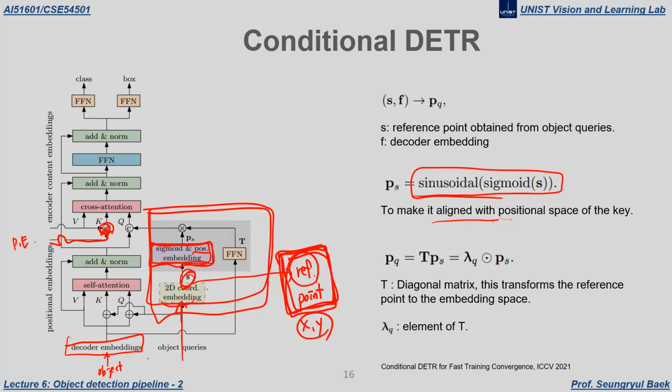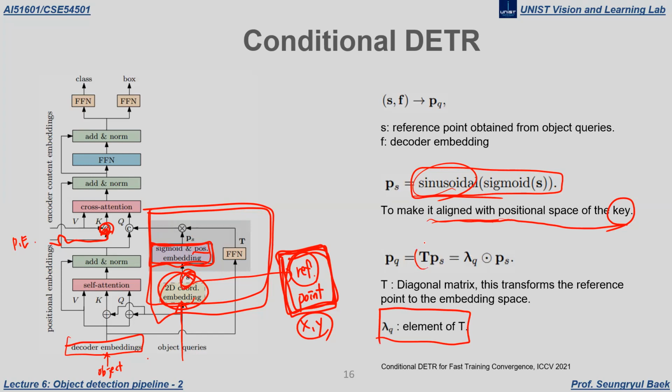We first obtain the positional space, but we further align it with the key positional space by applying the same sinusoidal function. And we also scale it.